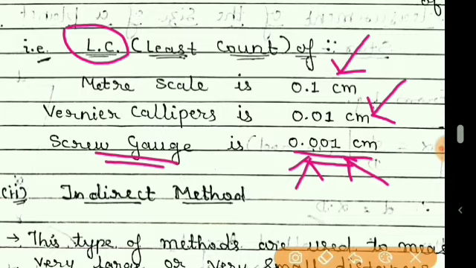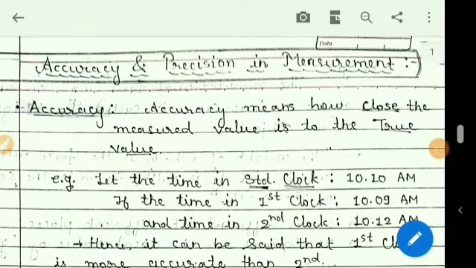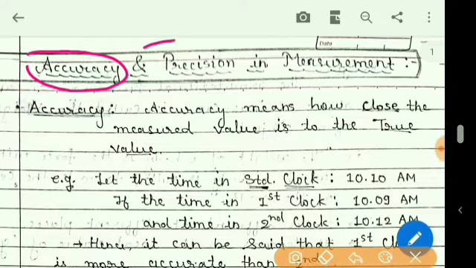So here I gave you the example of the measurement of length. While measuring any physical quantity, either length, mass, time, temperature, etc., these two things are very important: accuracy and precision.